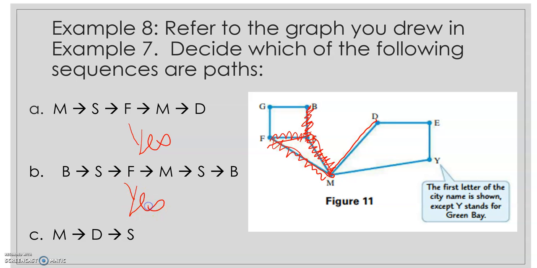Yes. Did we lift our pencil? No, we did not lift our pencil, so yes, it's a path. Minneapolis to Duluth to St. Cloud. No, not a path. We do not have a direct line from Duluth to St. Cloud.